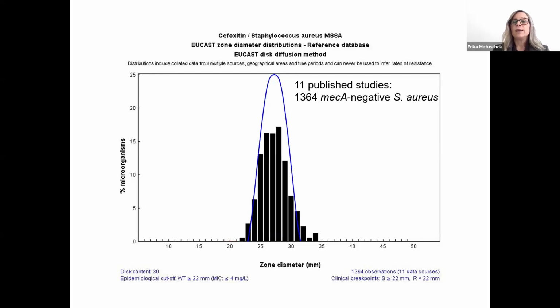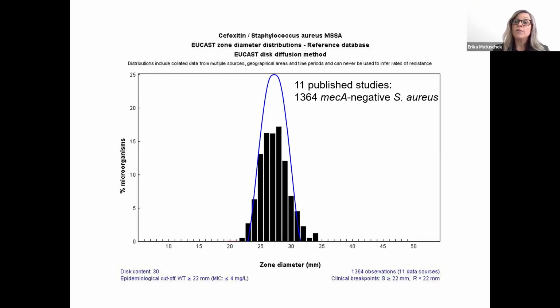And these are the isolates that were mecA negative, the ones that we would expect to form this normal distribution for Staph aureus and cefoxitin. What you can see is that this distribution is lower and wider, which is expected since we have many different isolates, different laboratories, different Mueller-Hinton agar manufacturers, and different disk manufacturers.